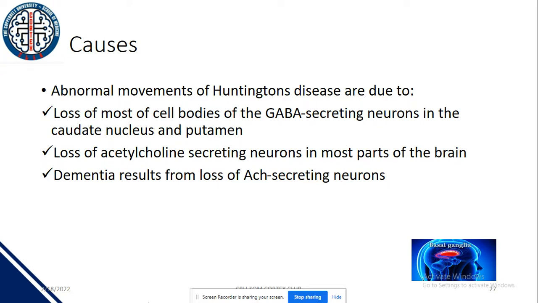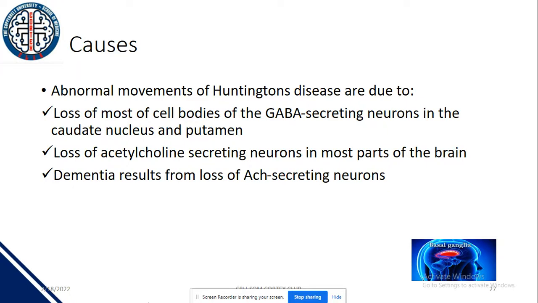As we discussed earlier when we were looking at the putamen circuit, we noticed that damage to the caudate nucleus and putamen is one of the predisposing factors to having Huntington disease. So if we do not have enough cell bodies that produce GABA in those two nuclei, that is the putamen and the caudate, it means we're going to have less GABA being produced.